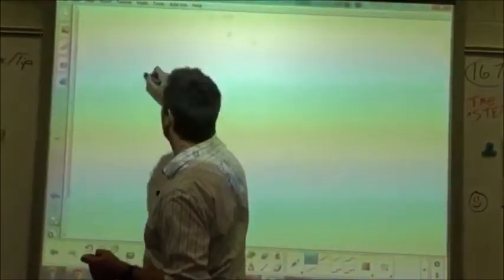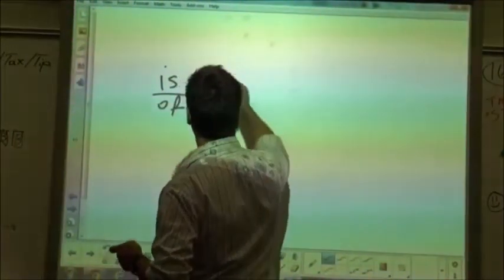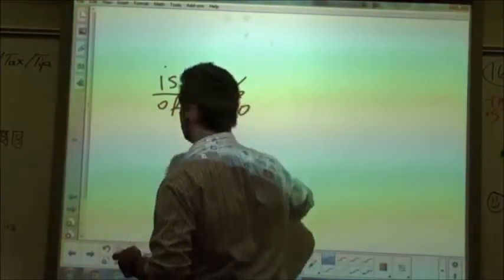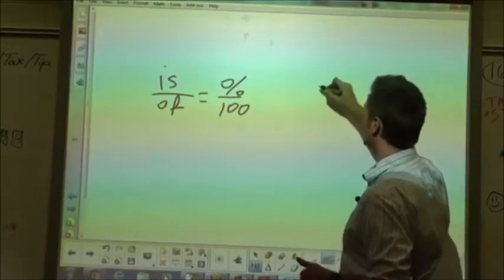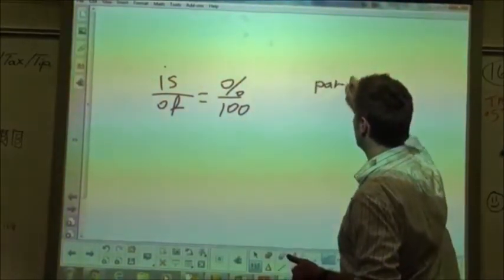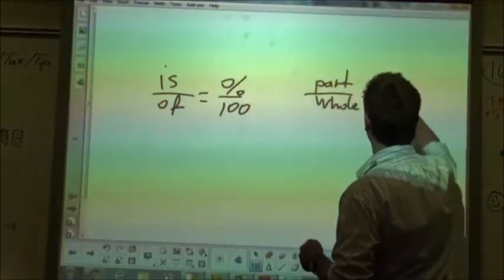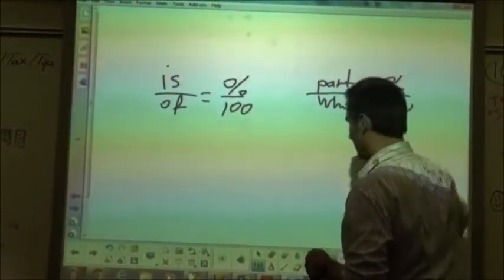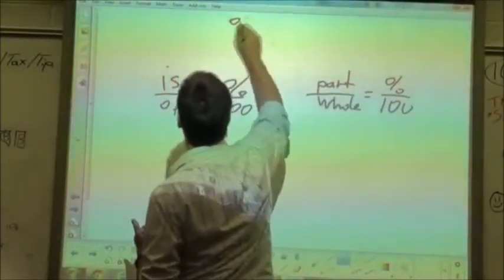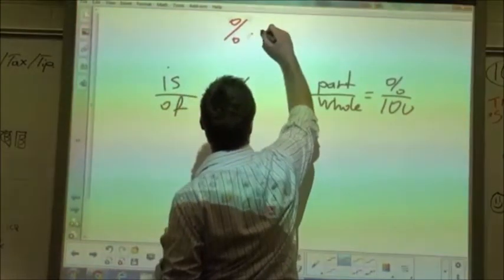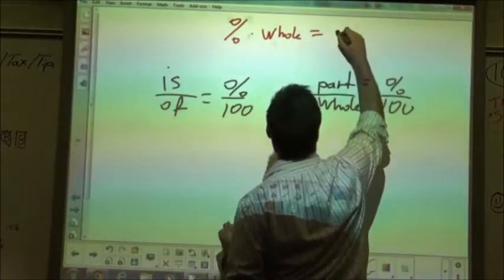Let me show you something, okay? Part over whole equals percent over 100. I also told you that there is another formula that goes like this: percent times whole equals part.